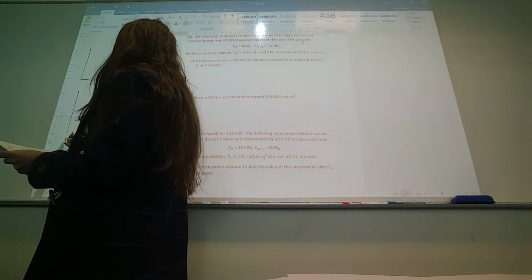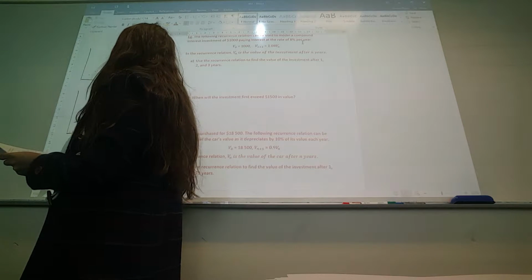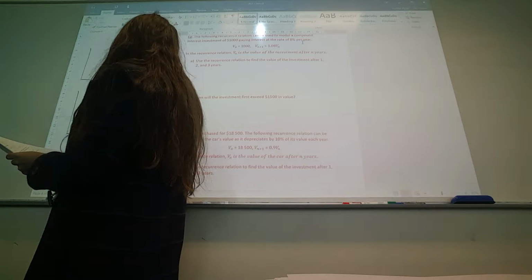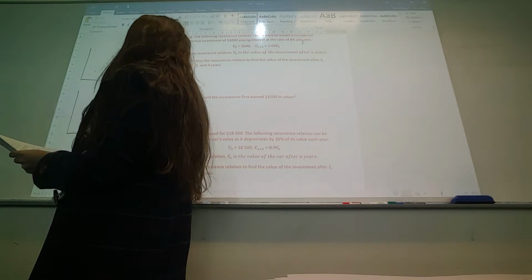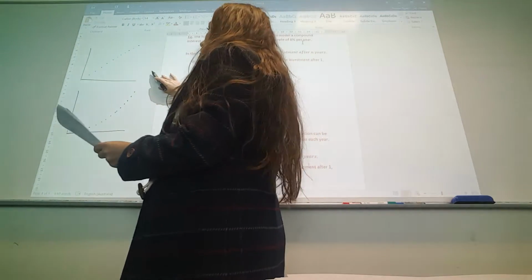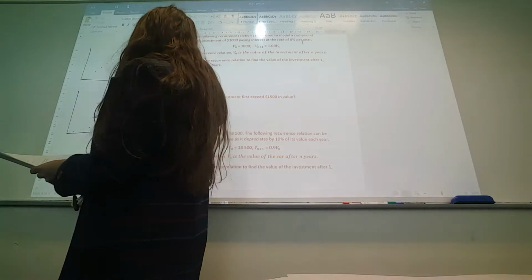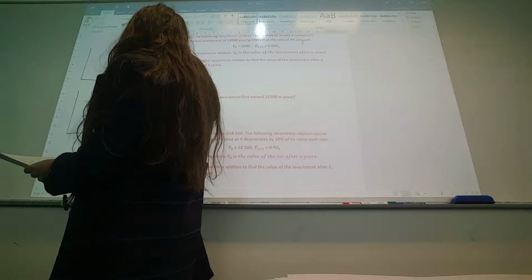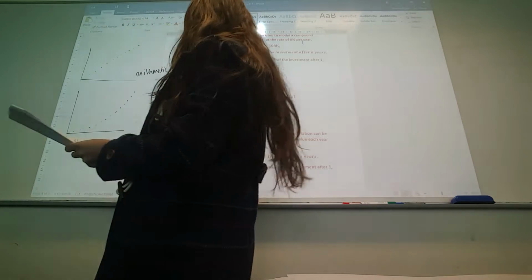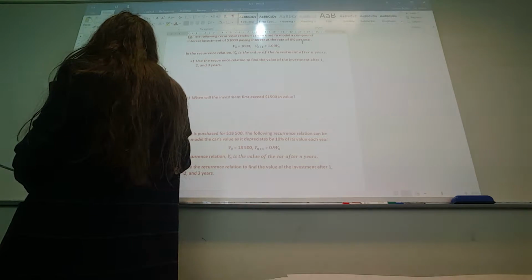When we did compound interest, what did it look like? It looked curved because we were calculating everything on the amount before. So if we were talking about simple interest, what sort of sequence is this? Yep, it's arithmetic because it is linear. And what sort of sequence is this? Geometric.